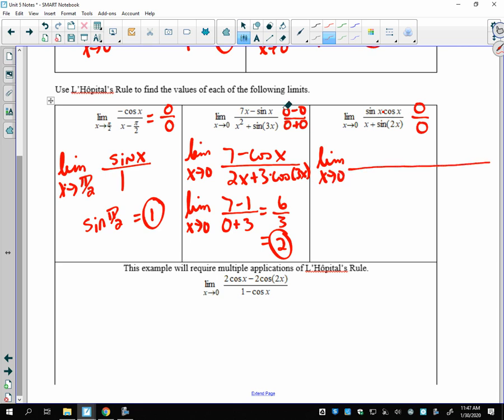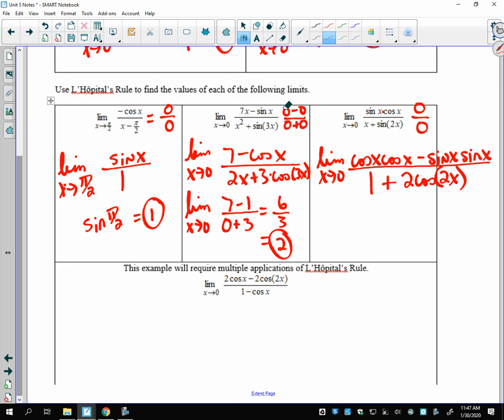The derivative of sine is cosine, leave the cosine alone, plus leave the sine alone, and the derivative of cosine is negative sine. On the bottom, the derivative of x is 1, and then this is going to be 2 cosine of 2x with my chain rule here. We got to know our derivative rules.